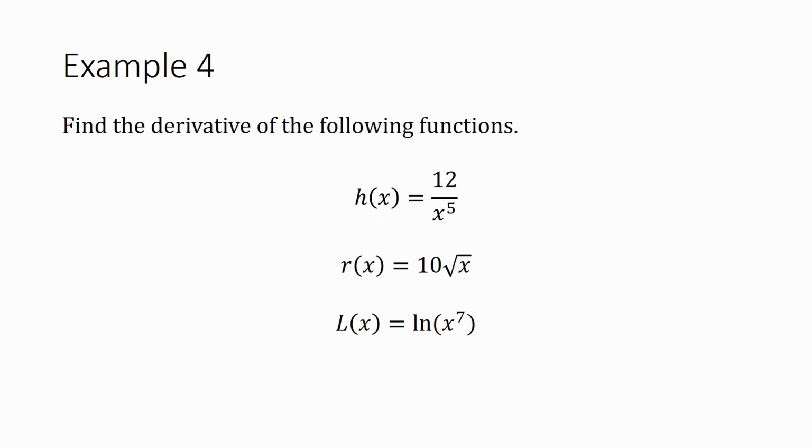A lot of people will see these rules and only interpret them a certain way, but we can rewrite these functions in order to fit our rules. We're going to do that with h of x is equal to 12 over x to the 5th. We'll do that with r of x is equal to 10 times the square root of x. And we'll do that with L of x is equal to natural log of x to the 7th.